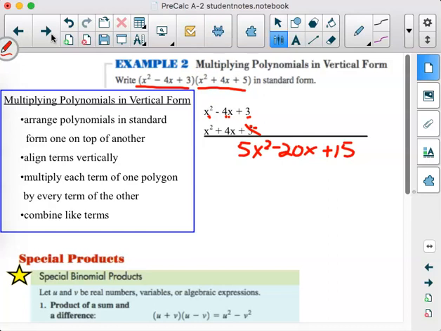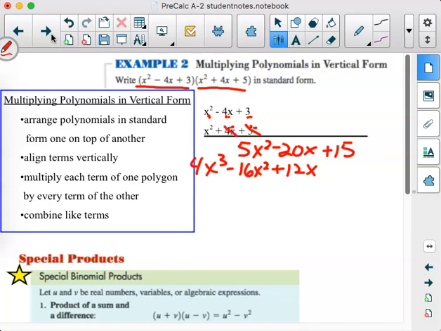And I move to the left and I see I have a 4x. So now I start again with 4x times 3, but I'm going to line that up under the other x term, the like term. 4x times a negative 4x would be minus 16x squared. 4x times x squared would be 4x to the third. So lining those up vertically.